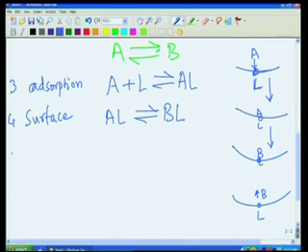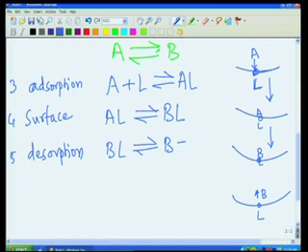So, this step we call desorption, and we can write this as B plus L. And this is what is happening when the catalytic reaction is taking place.